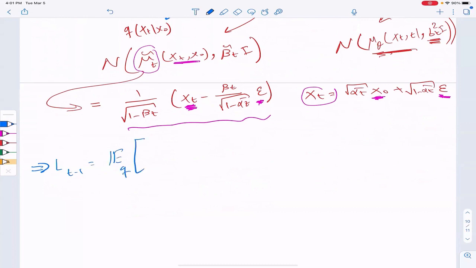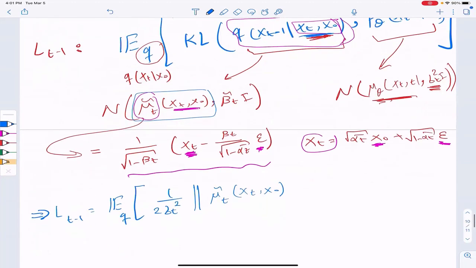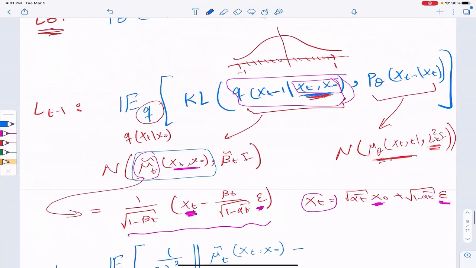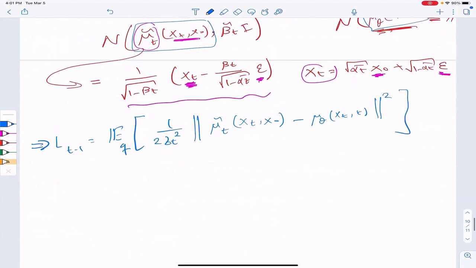Expectation over 1 over 2 sigma t squared, the difference between the means. The first mean, which is this guy, mu hat of t. Again, it's a function of xt and x0 because this distribution is conditioned on xt and x0, minus the mean of the other distribution, which is simply mu theta of xt in my modeling, squared.